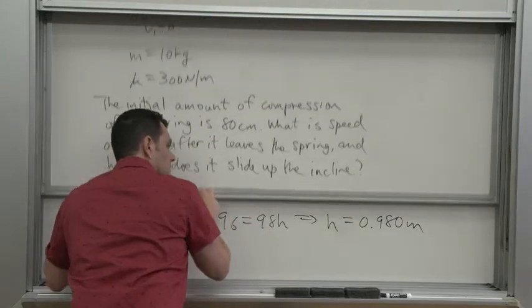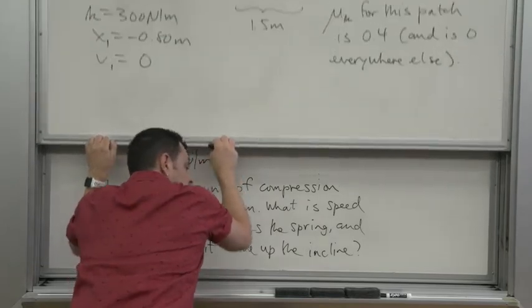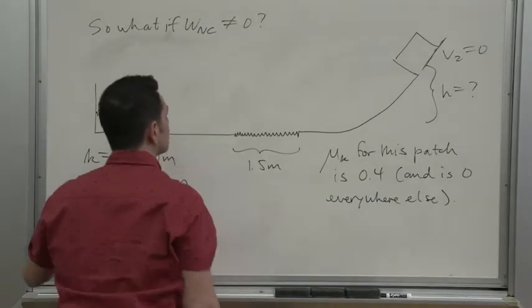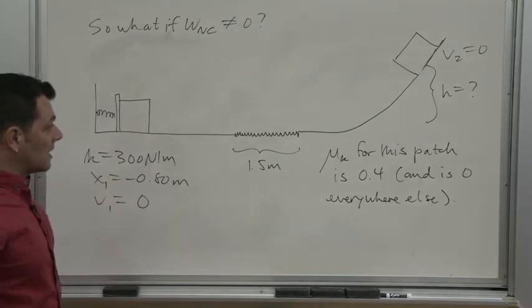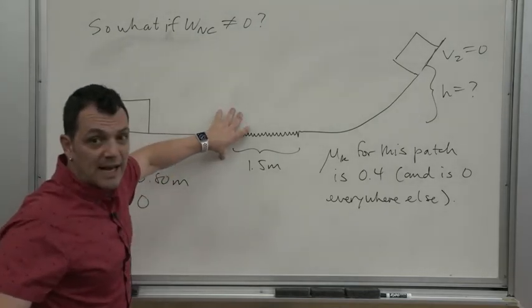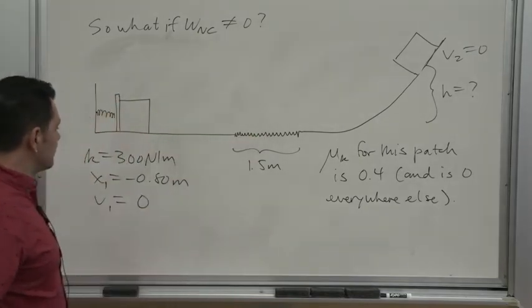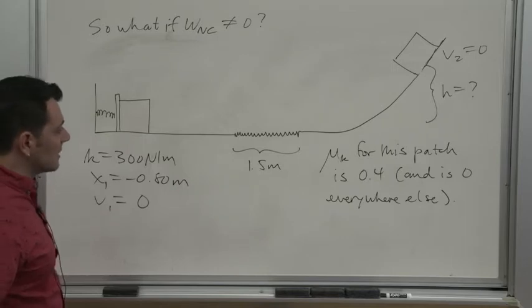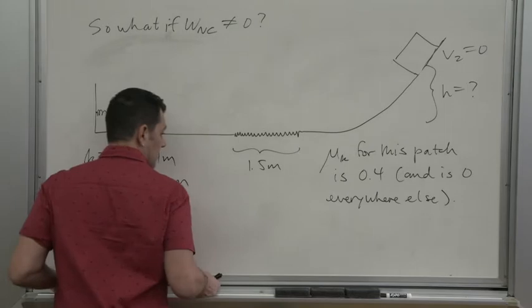So now we suspect it's going to be not as high. And why? Well, because this friction-y patch is going to slow the object down as it's sliding over it. Okay. So let's take a look at mechanical energy here.